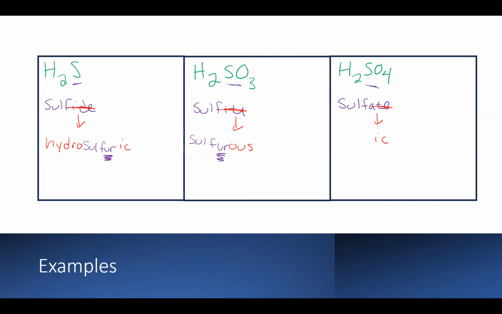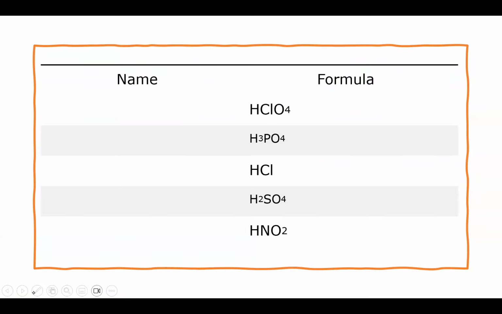Instead of sulfic, it becomes sulfuric, adding those letters back. And that's only for sulfur things and for phosphorus things. Everything else, you're just using the original root as you see it once you cross off the ending. Okay, so after that, you just simply add the word acid at the end, and that is how you name acids. So we'll do a few examples here.